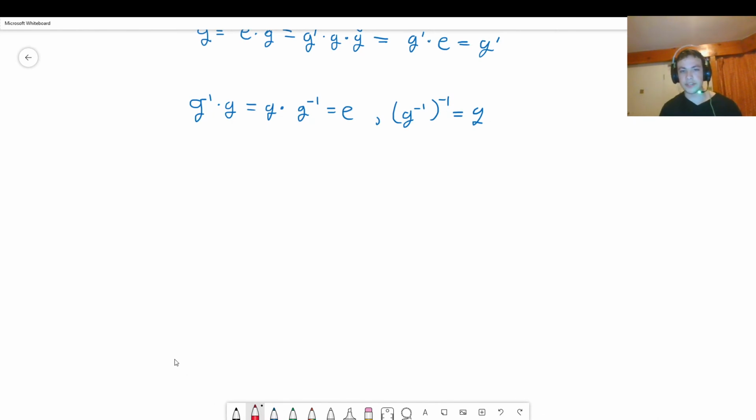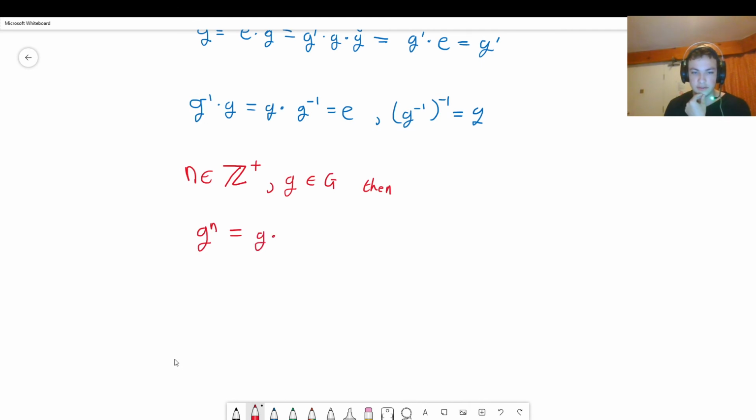So using this, we can define a power of an element. So for n in the positive integers, so we'll call these Z plus, so 1, 2, 3, 4, 5, and so on, and g in G, then g to the n is defined as g dot g dot dot dot g, so that we have n copies of g, just like when we have powers of an integer.